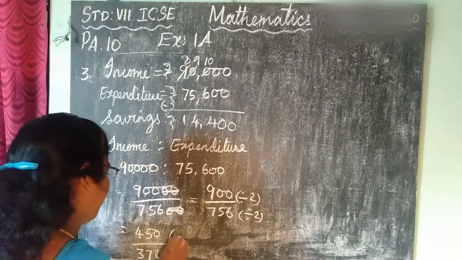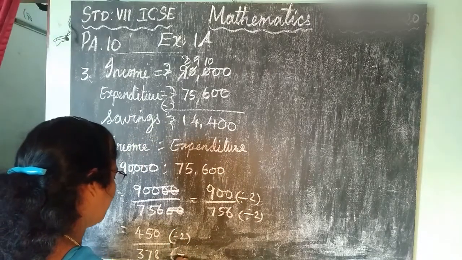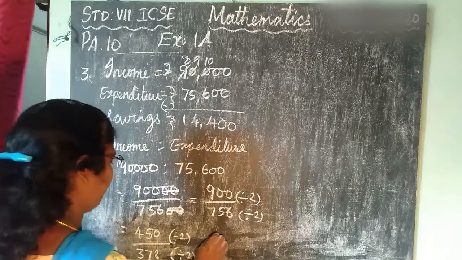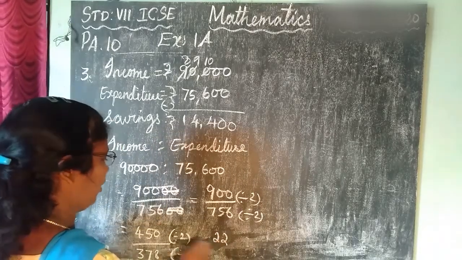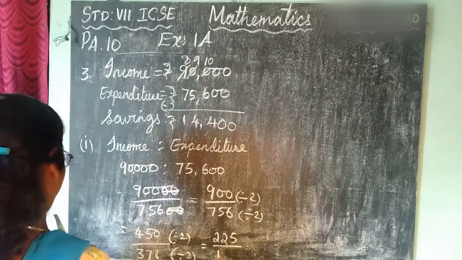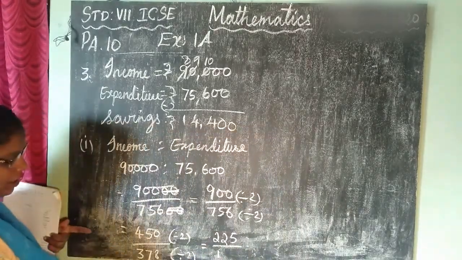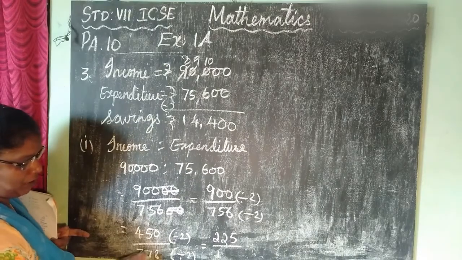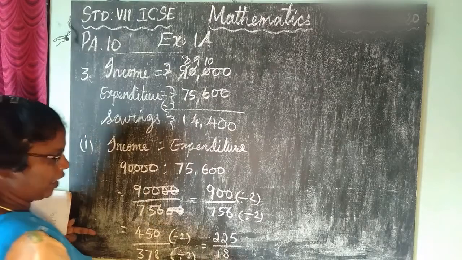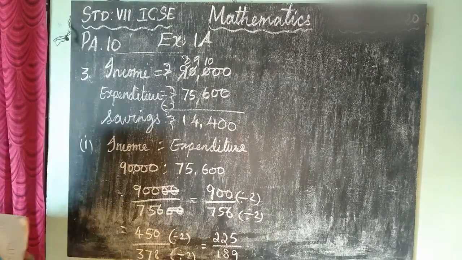Again you divide this one by 2. What are we getting? 2 2s are 4. 2 2s are 4 again. 5 times 2 is 25. 1 2 is 2. 8 2s are 16. So 225 by 189.